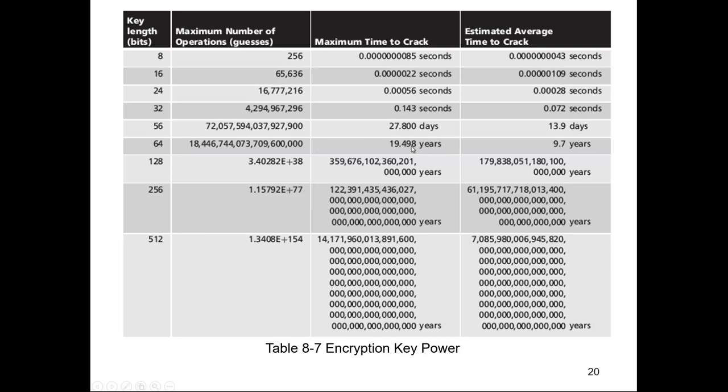But with the current technologies that we have, if there is software that can make the 19 years of iterations in a few seconds and run the simulation, then that's also not good. So we need to be careful with the length of the key, and make sure that it cannot be cracked easily.